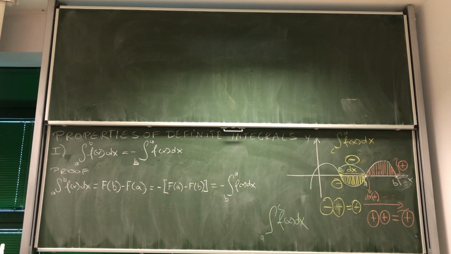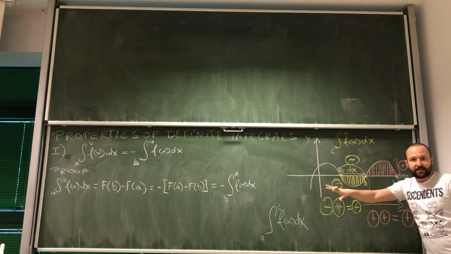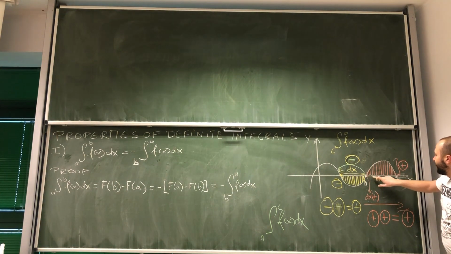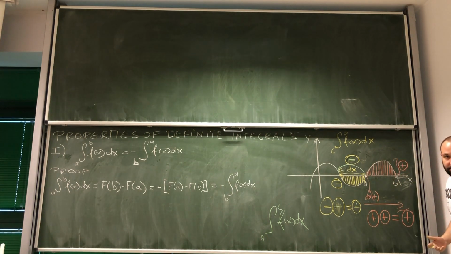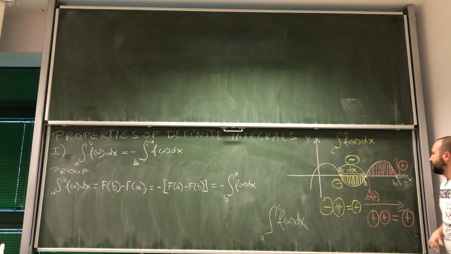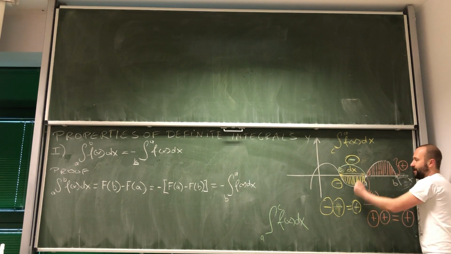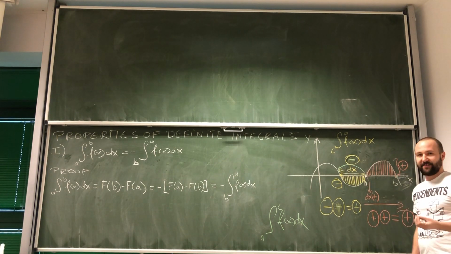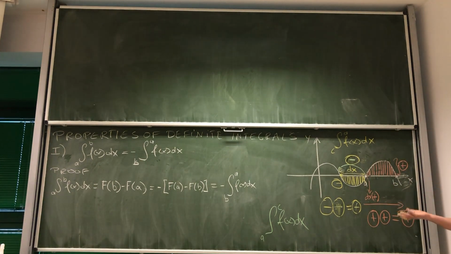We will use this property very, very often later on, but for now, I just want you to understand where it comes from. By definition, we know that an integral is a limit of a sum, right? And because here we have positive dx's and positive heights, we get a positive outcome. But over here, we've got negative heights. With positive dx's, we will get a negative size of the area, which is not a good thing.